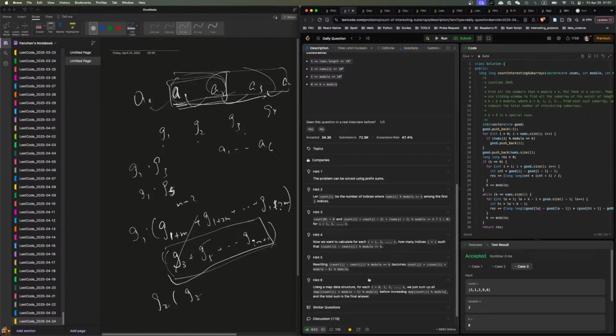I think I know what it is. Okay, so in other words, when we record the number, right? We don't record the number. We record the number minus k plus modulo.